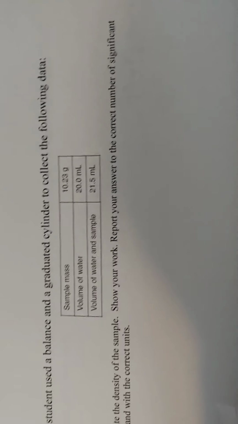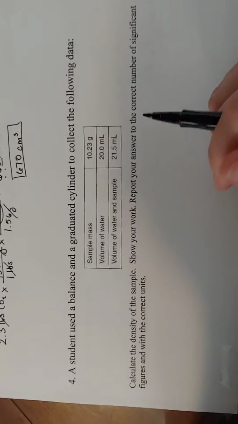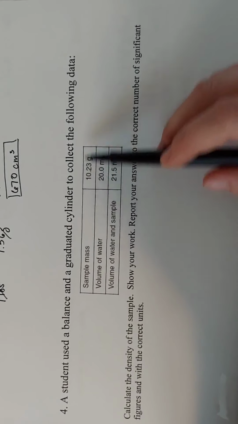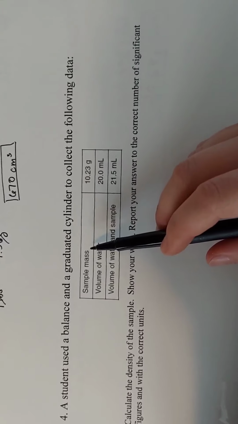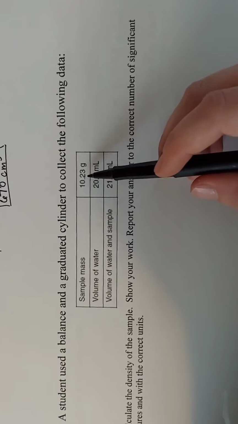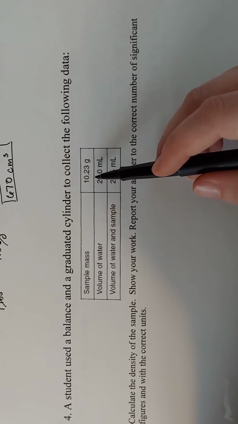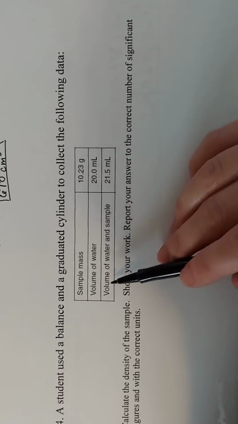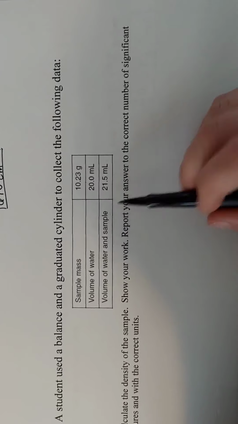Okay, and then the last question. A student used a balance and graduated cylinder to collect the following data. So we have the mass of the sample. Then we have the volume of water, and then the volume of water and the sample.